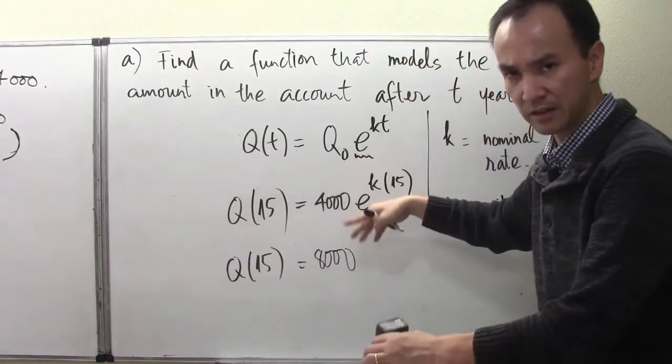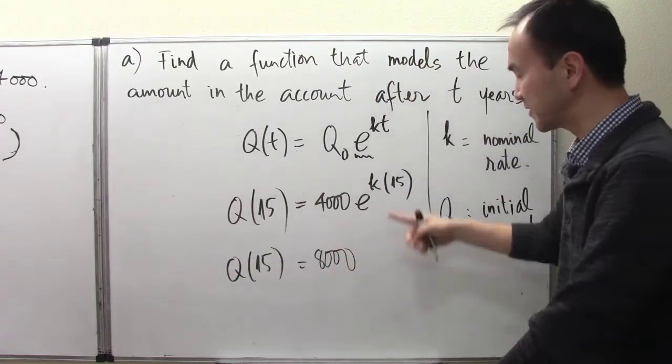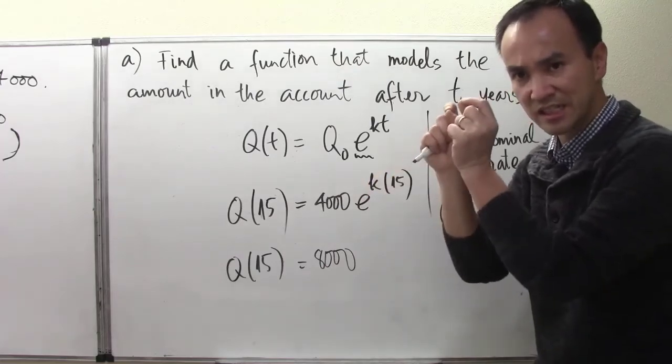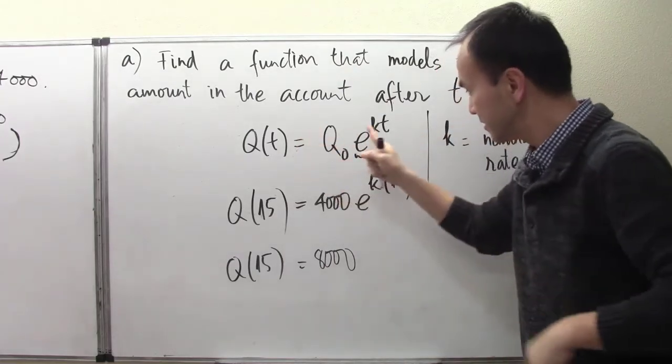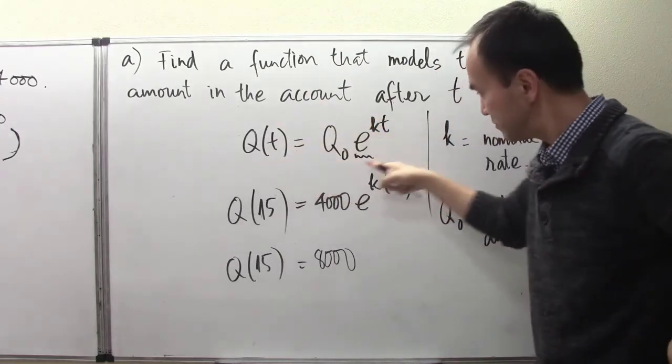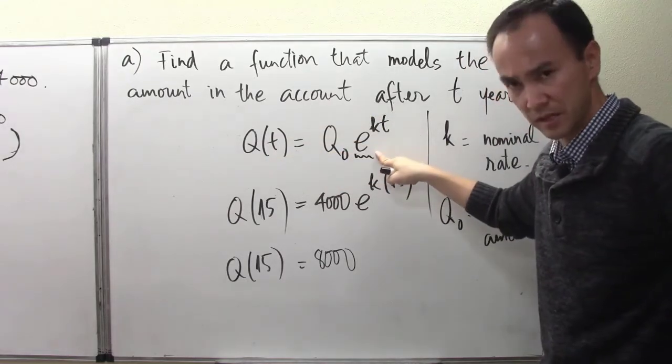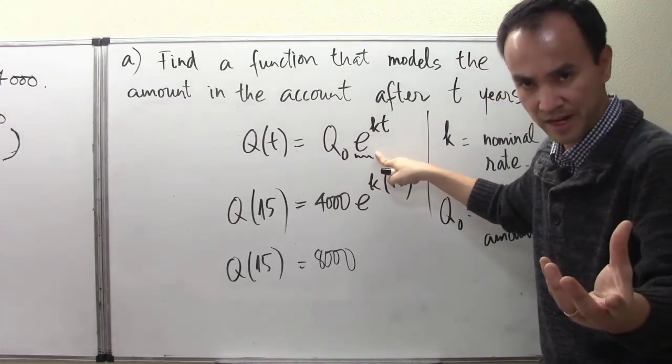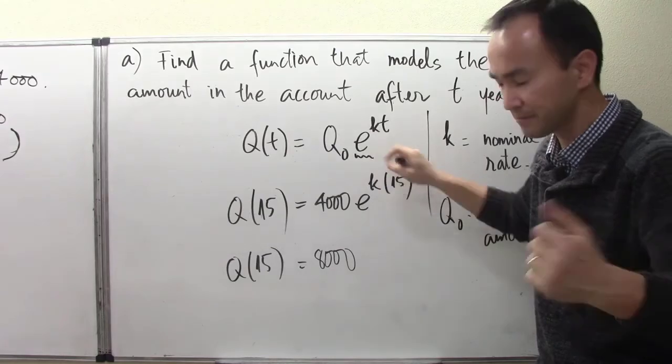So again, the whole thought process is as follows. The words continuous compounding led me into using this model with base e, and it's the easier one right at the start because we already knew the base.